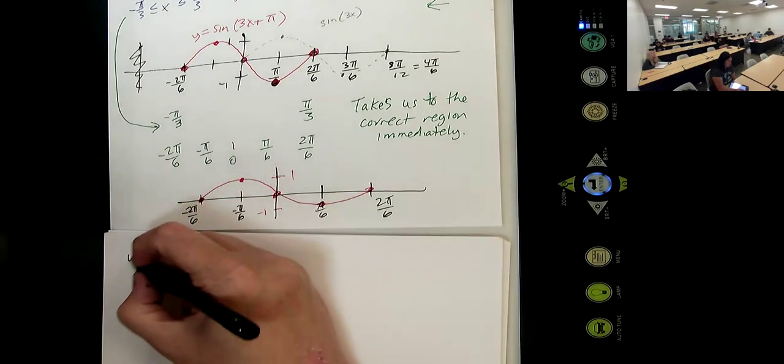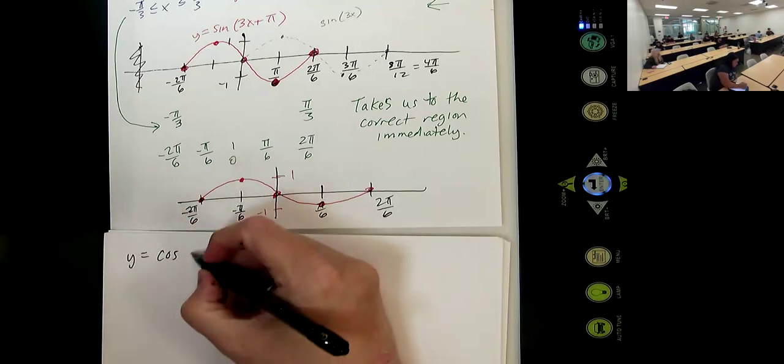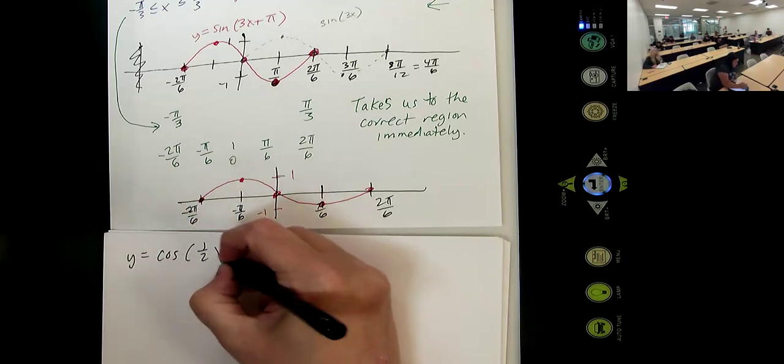Let's do y equals cosine of 1/2 x plus pi/3.